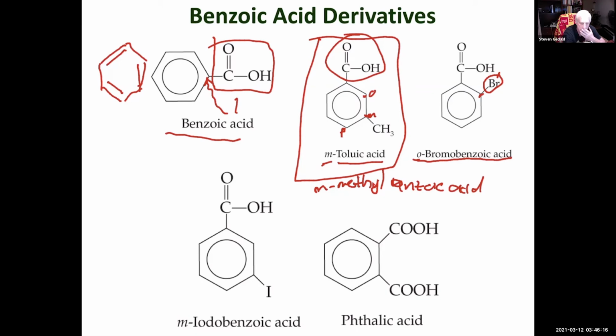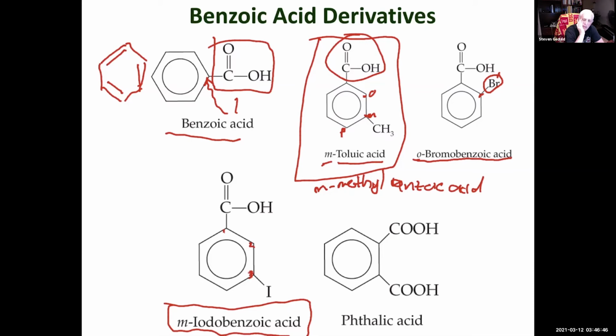And down here we have meta-iodobenzoic acid, or 3-iodobenzoic acid, because this is number 1, that would be 2, that would be 3. It's in the meta position. So meta-iodobenzoic acid, or 3-iodobenzoic acid.